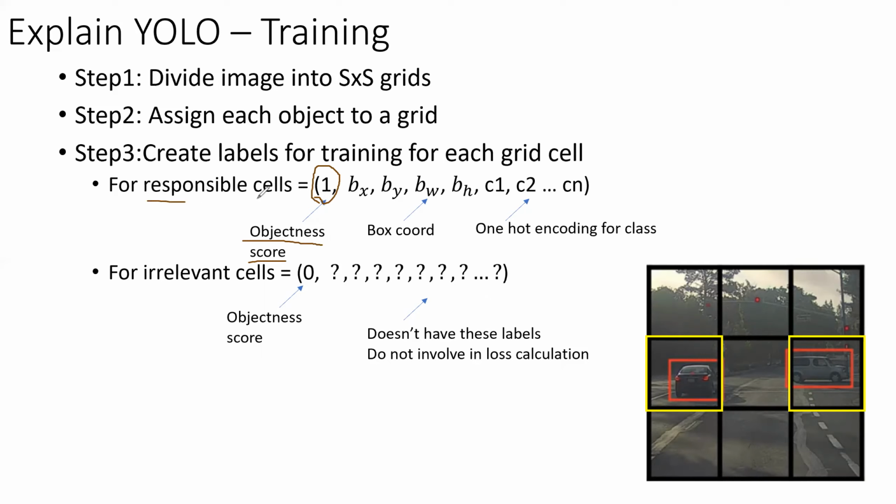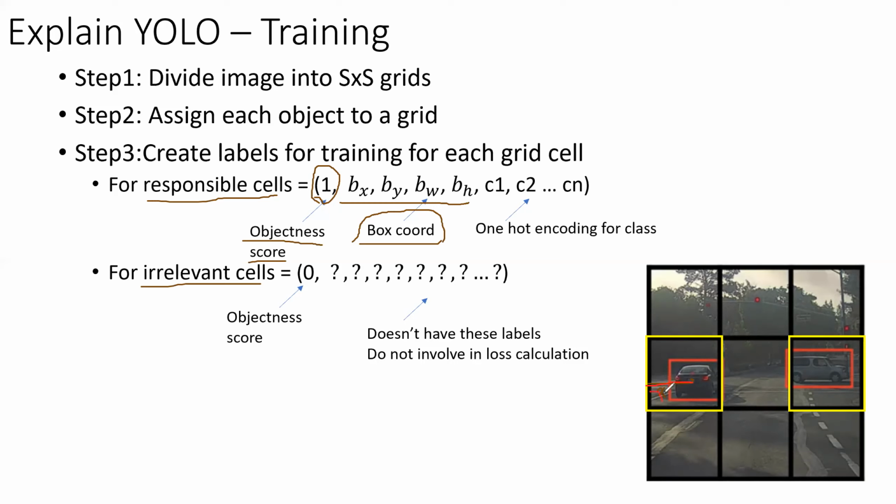So for a responsible cell, it takes 1, and for an irrelevant cell, it takes 0. The next 4 elements are the ground truth box coordinates relative to the grid cell. So for example, for this car, Bx is just the x coordinate of the center of it. I change the color.